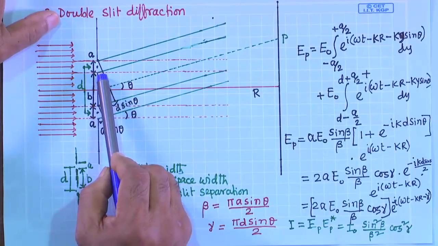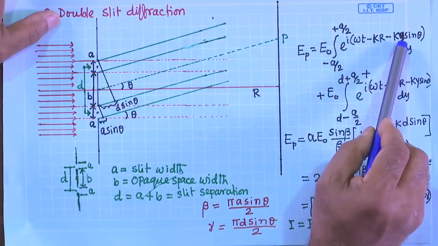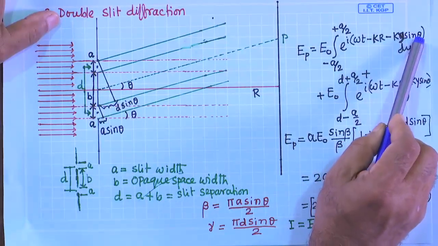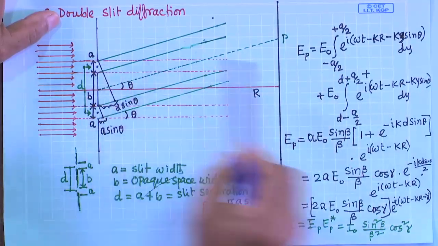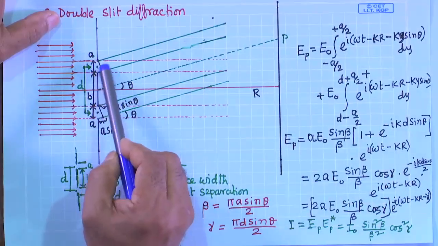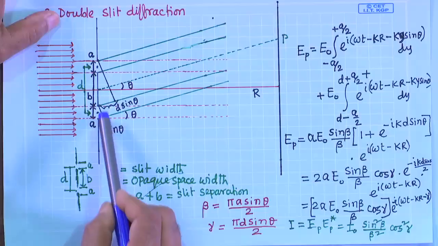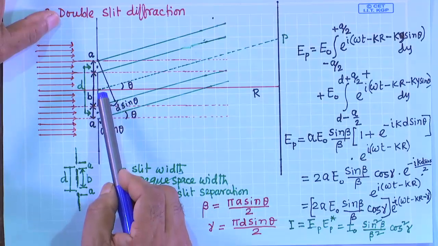That is what we wrote in general as y sin theta, and we integrate this part from minus a by 2 to plus a by 2 for this slit.